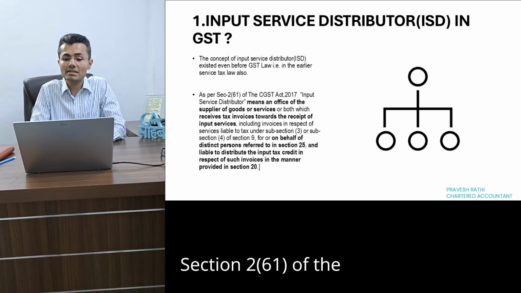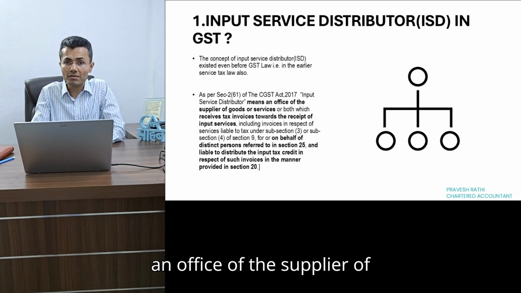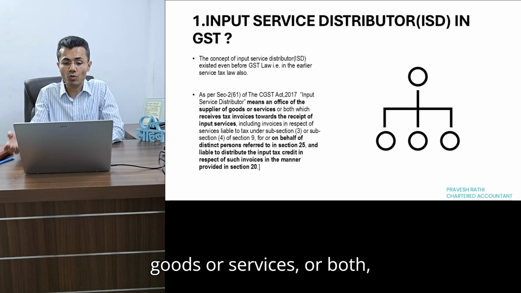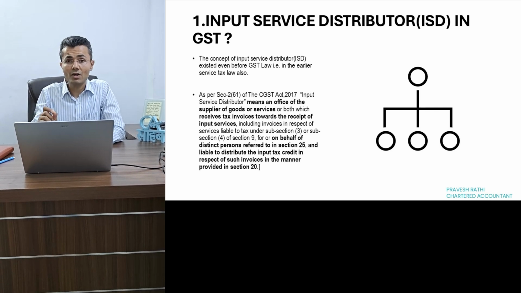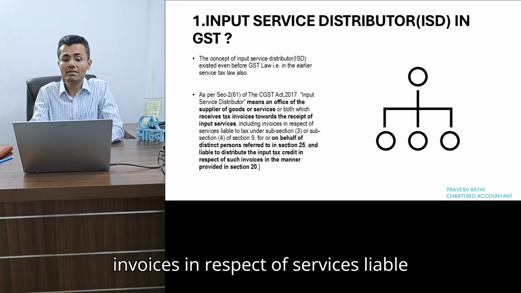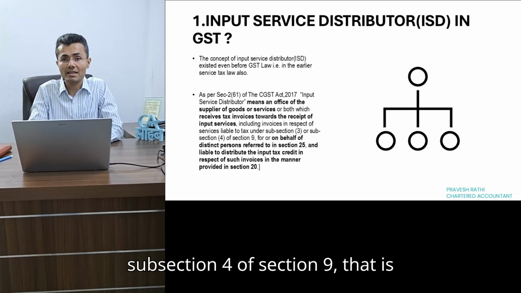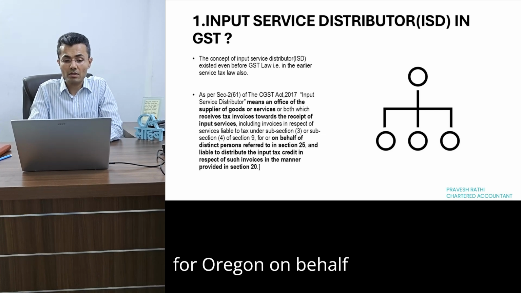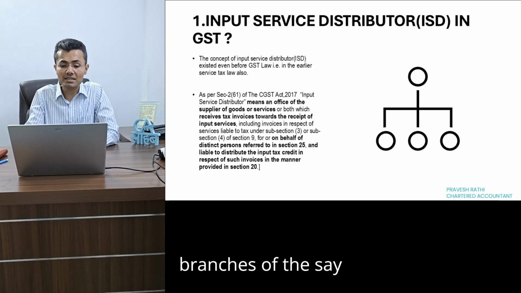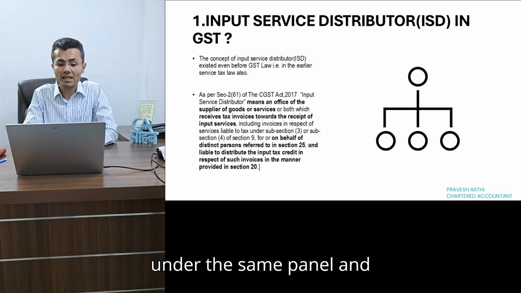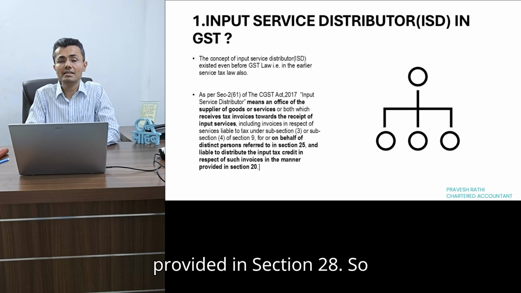Section 2(61) of the CGST Act 2017, Input Service Distributor means an office of the supplier of goods or services or both, which receives tax invoices towards receipt of input services, only input services, including invoices in respect of services liable to tax under subsection 3 or subsection 4 of section 9, that is reverse charge, for or on behalf of distinct persons referred to in section 25, that is branches under the same PAN, and liable to distribute the input tax credit in respect of such invoices in the manner provided in section 20.